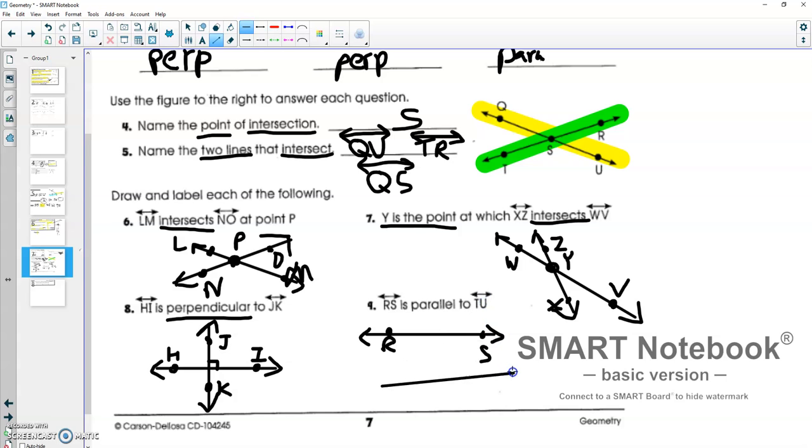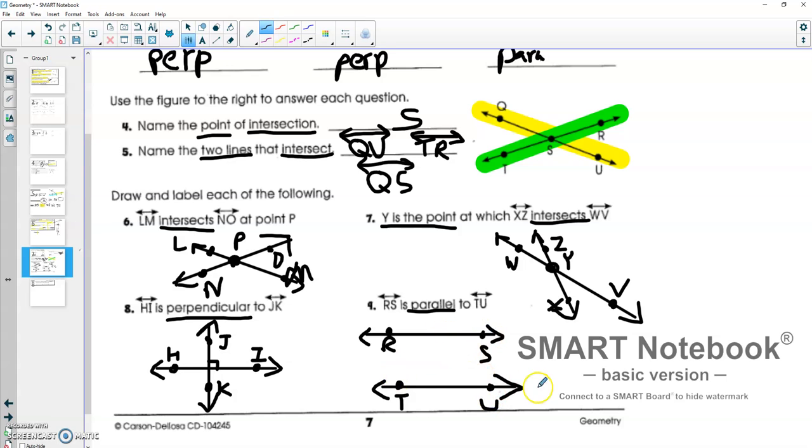Remember, parallel means it goes on forever. So if I kept drawing this, keep going on, never intersect. Over here, over here. Now I have RS, so I'm going to have to make it parallel to TU. So I'm going to draw my line TU.